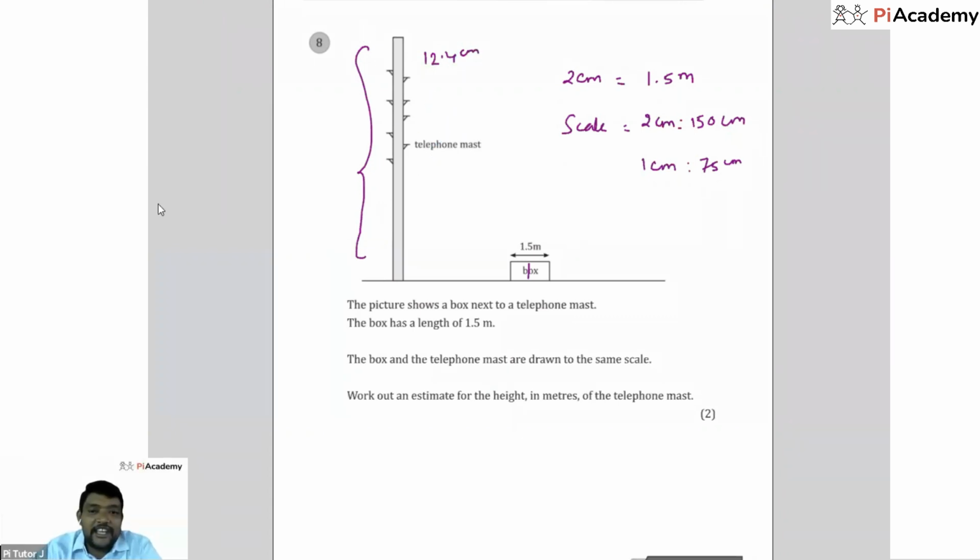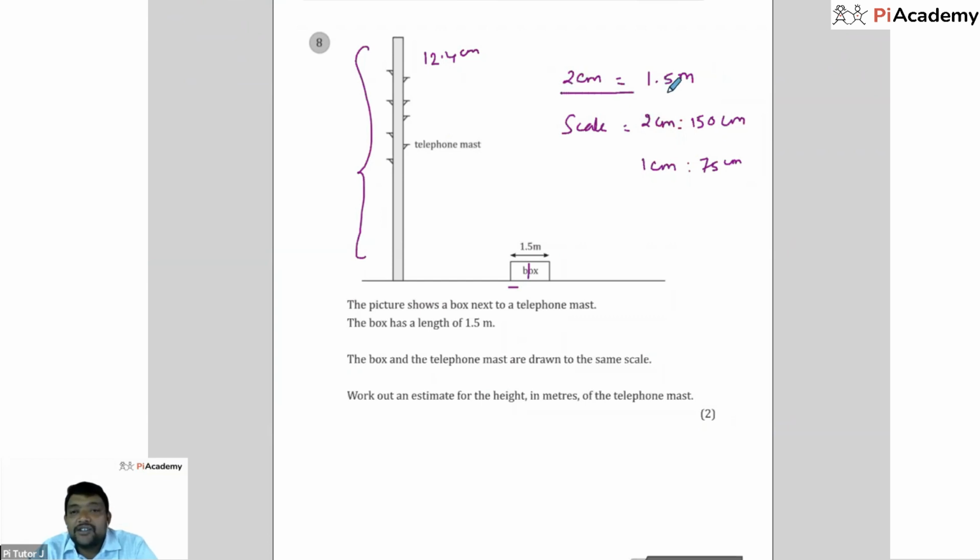You need to measure it with the scale. With a what? The ruler. A ruler. Oh, as in like the ruler in the examination. Yes. Okay. Then 2 centimeters is 1.5 meters.